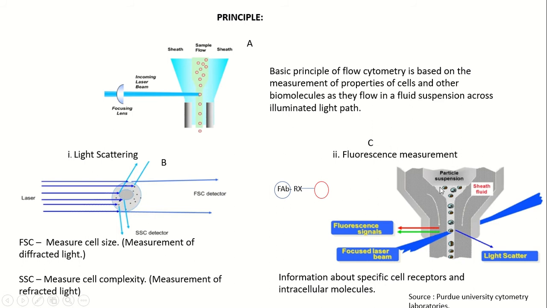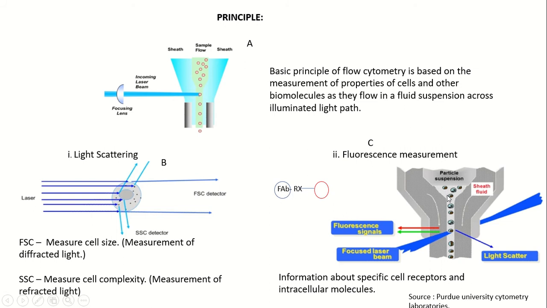Before allowing the cells to go through the flow cytometer, we have to treat them with a fluorophore conjugated antibody. When we treat all these cells prior to flow cytometry with this antibody, those cells that express the XR receptor will conjugate with this fluorophore conjugated antibody.